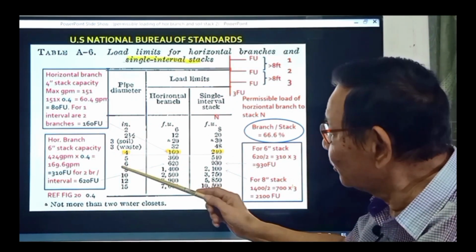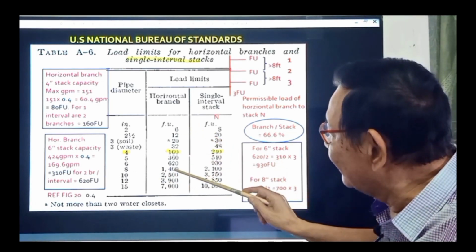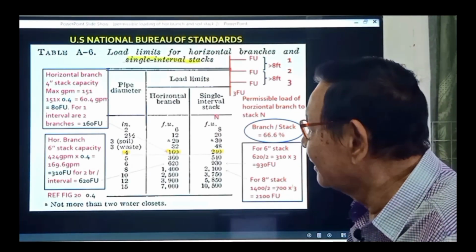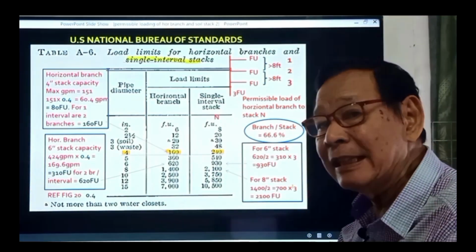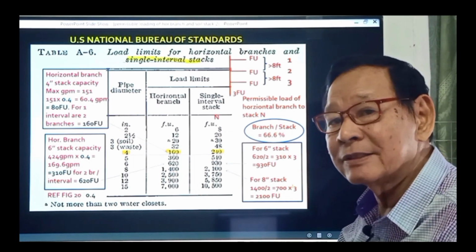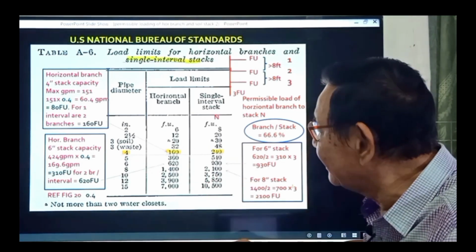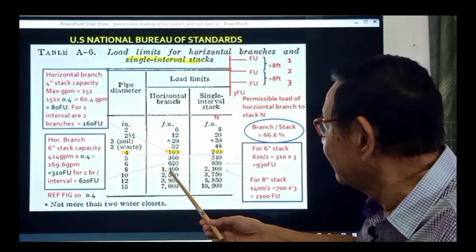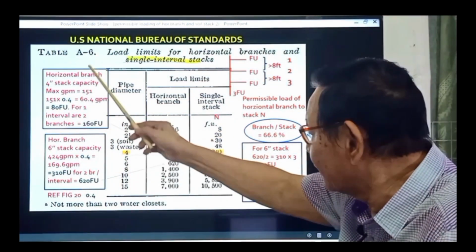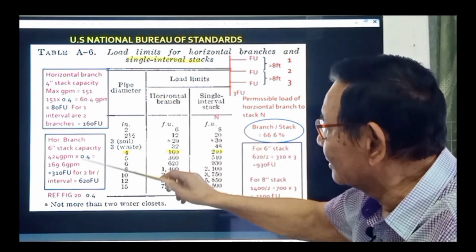So, you see the table, ha? You see the table? May table na tayo na binigay sa US National Bureau of Standards. Pero iba ang table na ginawa ng International Plumbing Code at saka yung Uniform Plumbing Code. Ito ngayon, ito equivalent nito, the same processes that we will have.